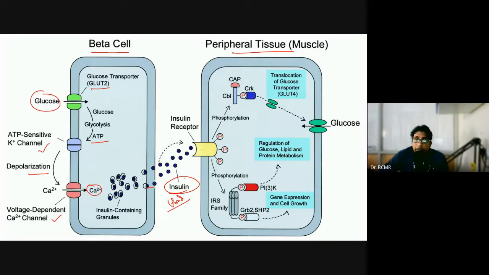That binds to the insulin receptor, which will activate multiple things, including glucose uptake here. Okay, and there are also other things where you have cell growth, increase in metabolism, and also glycogenesis as well.